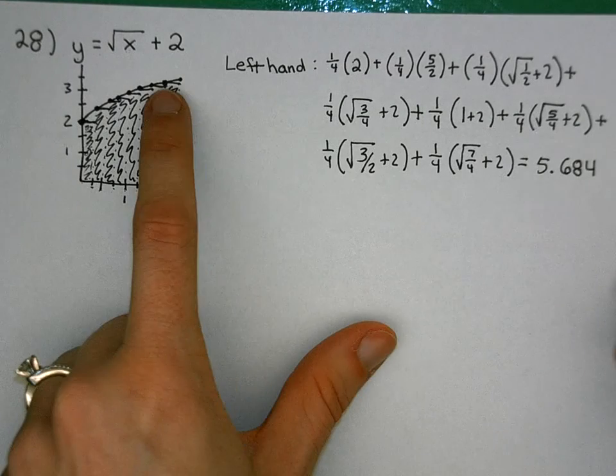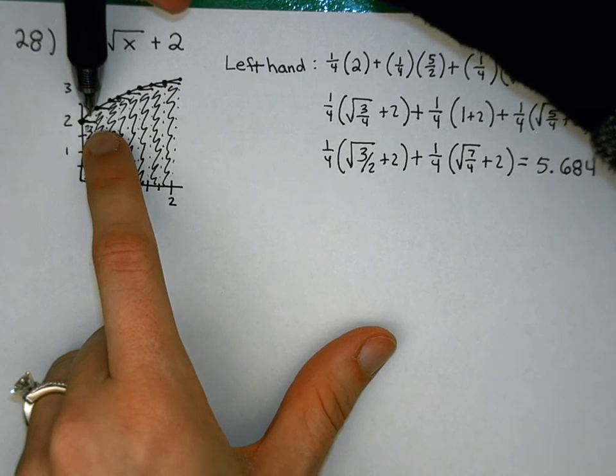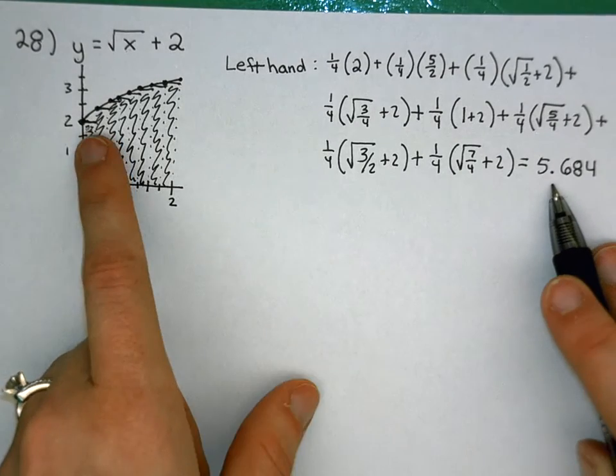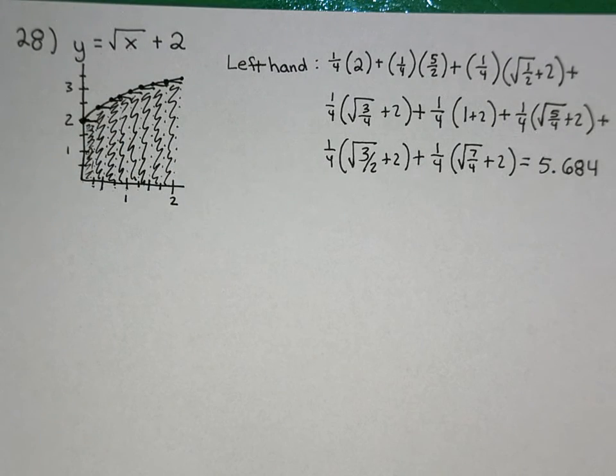And we know from our approximation here, because we can see that our rectangle doesn't quite meet the graph, that this is going to be an under approximation. And then I will be back with the right hand.